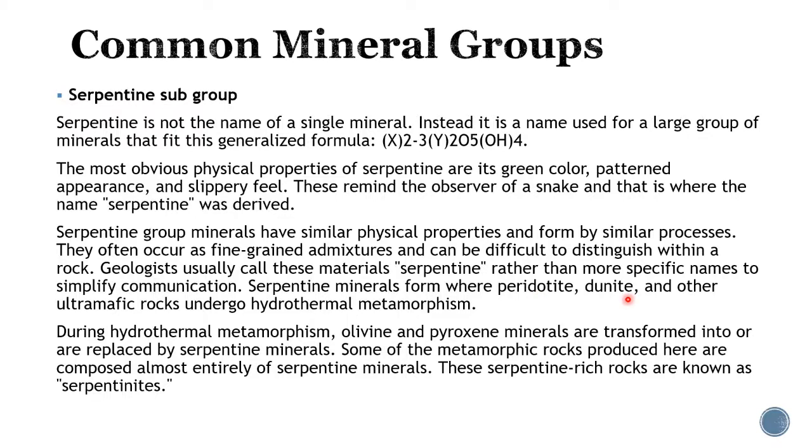Dunite. Now, dunite is also an igneous plutonic rock of ultramafic composition with coarse-grained or phaneritic texture. And other ultramafic rocks undergo hydrothermal metamorphism.